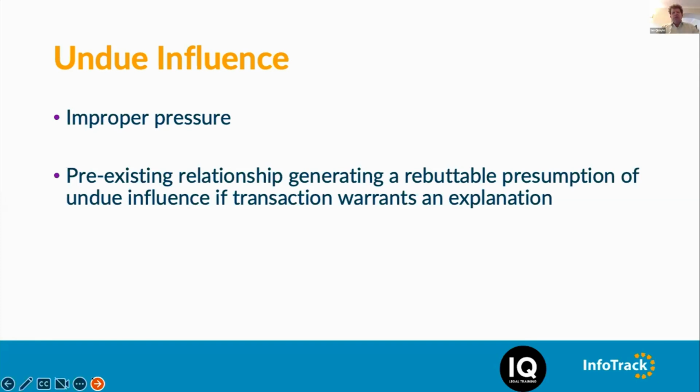Remember, there's no such thing as a collective client in this regard, and there could be undue influence being exerted by one co-owner against another. And therefore, again, it's important to consider that issue when dealing with co-ownership.